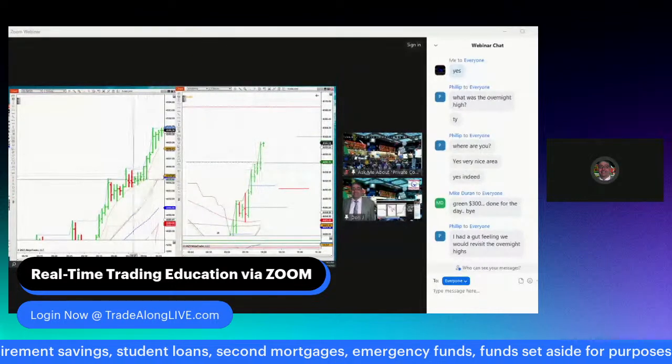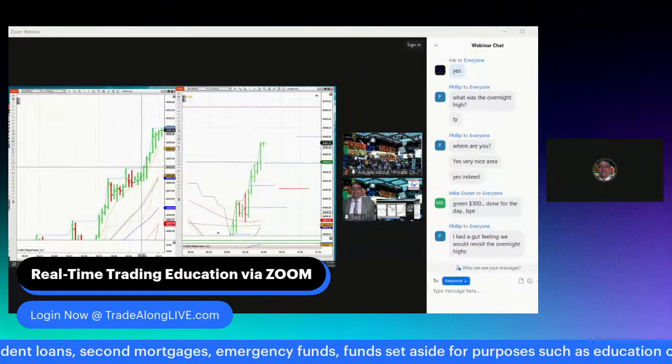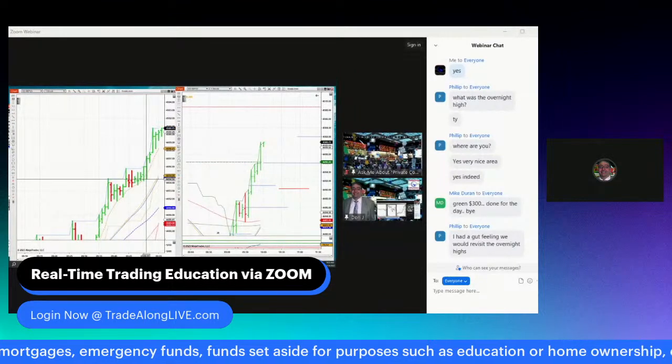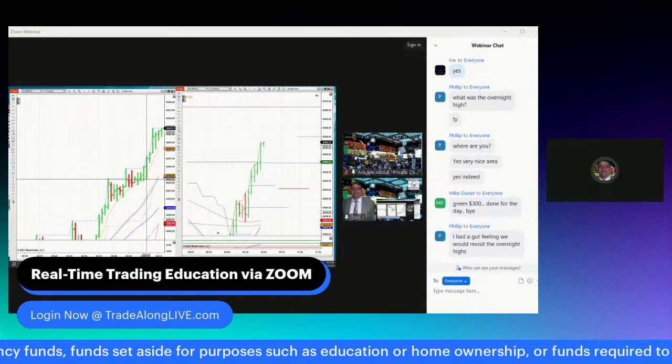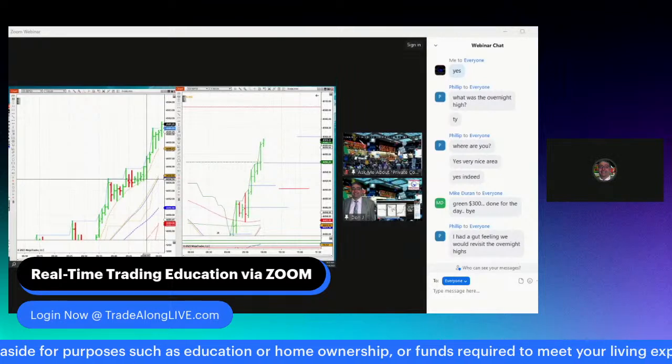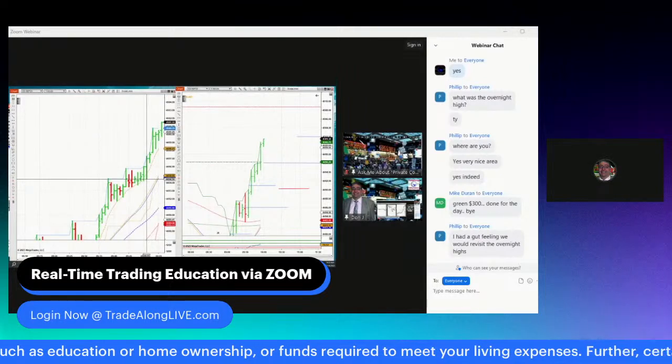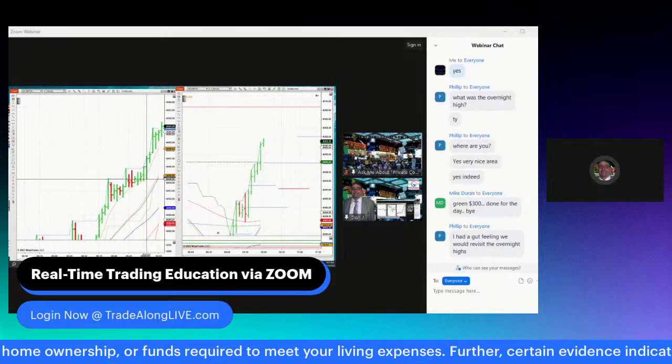At 96, we only rotated back about 1.5 points. All right, we're coming up into that 02 area.